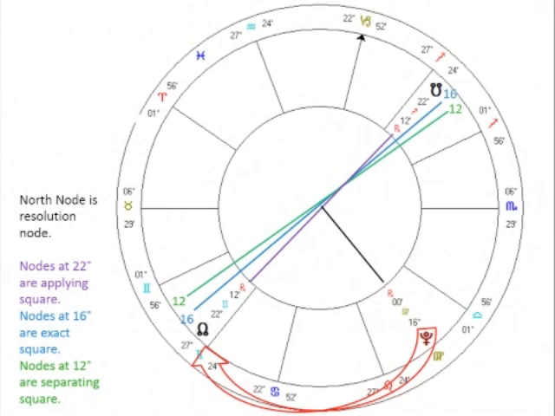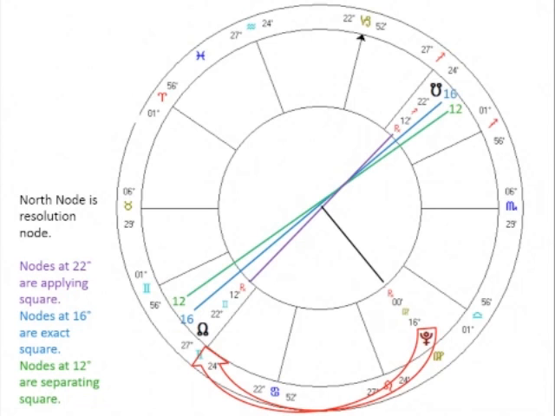Of course, we know any planet square the nodes is skip steps, which means that planetary energy or archetype and the nodes themselves are all involved in the skip steps, meaning the ego, the nodes of any soul, is bouncing back and forth and never really fulfilling that planetary archetype and not really fulfilling or learning the lessons represented by the nodes.